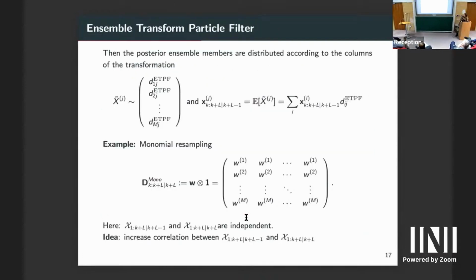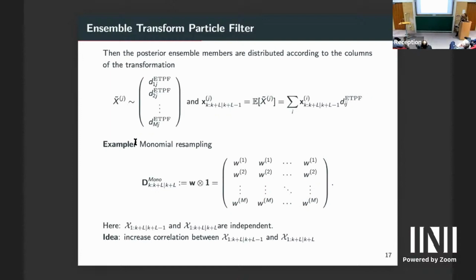And one way to do this is to say, essentially, the posterior ensemble members, this is one of them, is the expected value of the random variable that is associated with one of the columns of the matrix. This detail is not important, but this is what's happening.